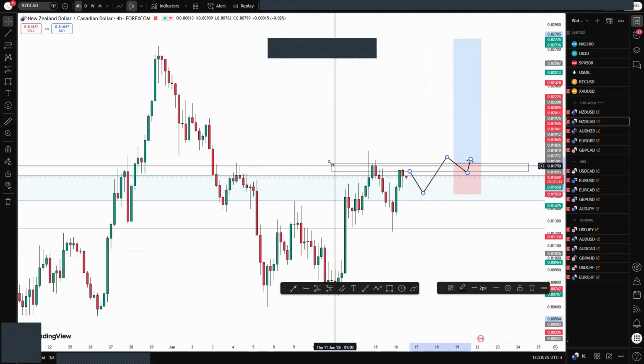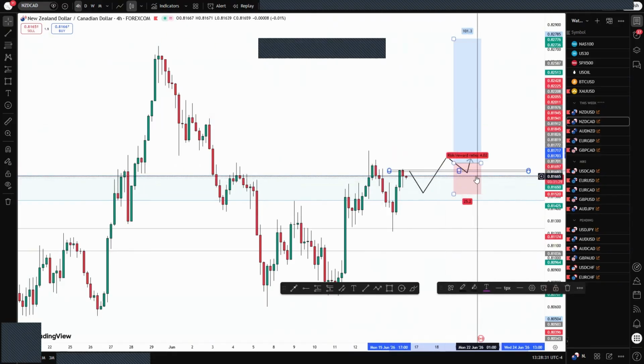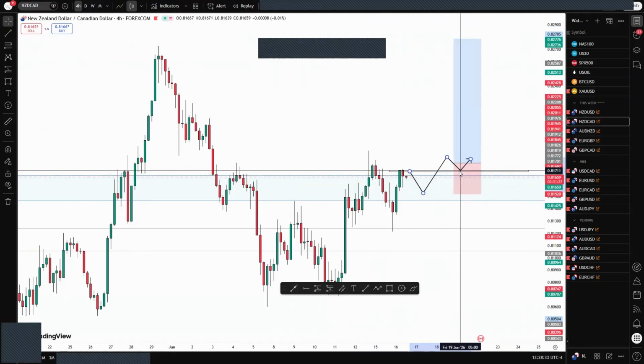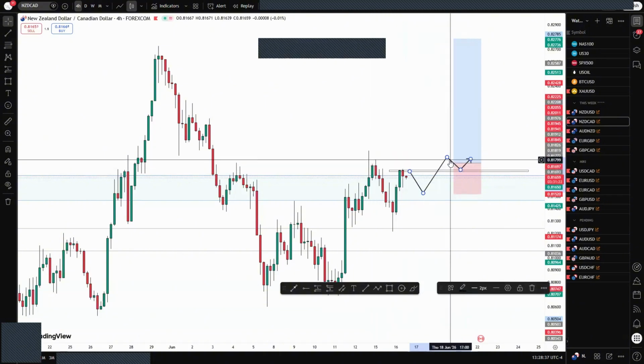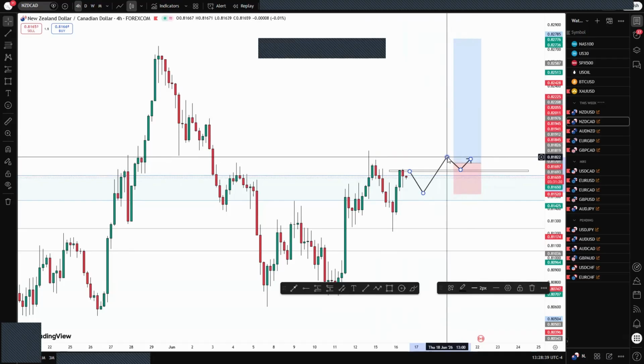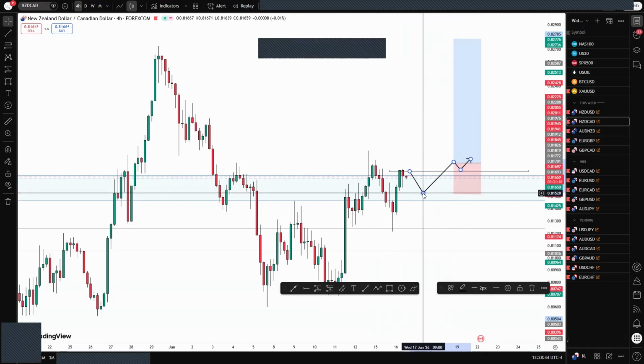And if that happens, then this becomes our level of buying from, you see? So this is the last point before we break above this level. So this is where we're waiting for price to retest, and then we can actually buy. Okay.